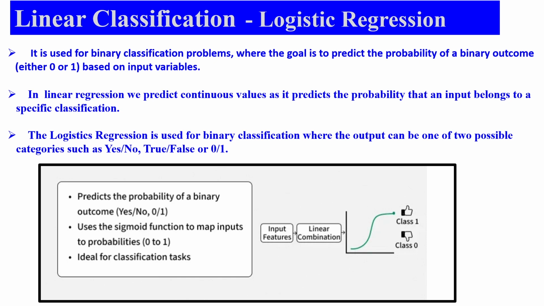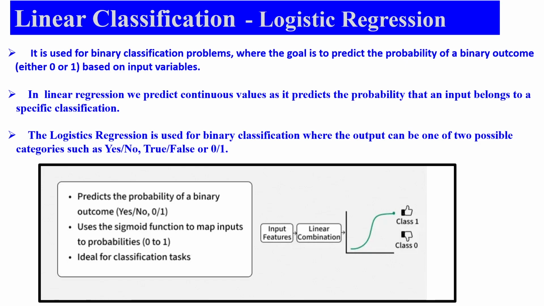In a nutshell, it predicts the probability of a binary outcome, 0 or 1, yes or no, and it uses sigmoid functions. This is very good for classification tasks: classified or not classified. If it is classified into your basket, it goes to 1. If it is not classified, you throw it off. That is the idea.